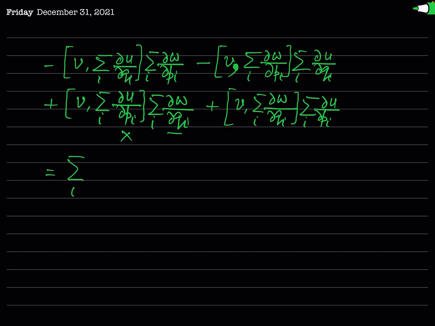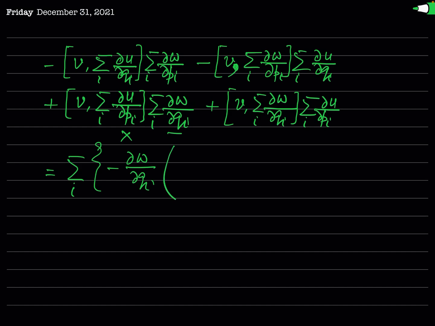I am writing summation here, and this is summation over i minus del w by del qi. Summation is already implied here.